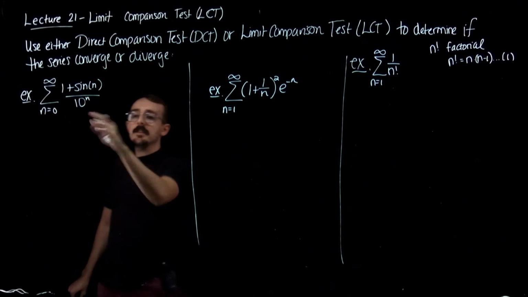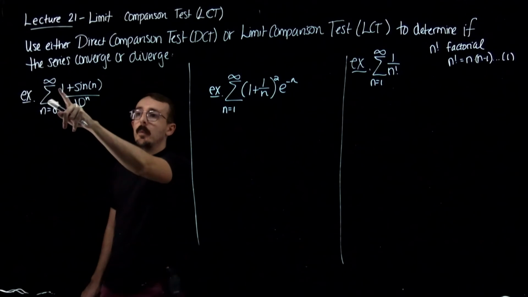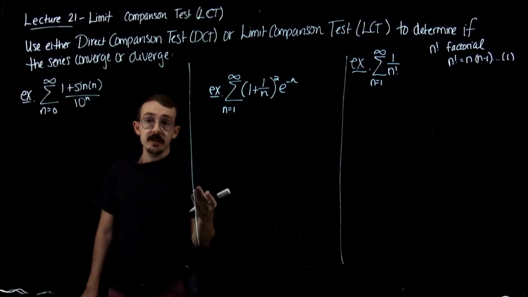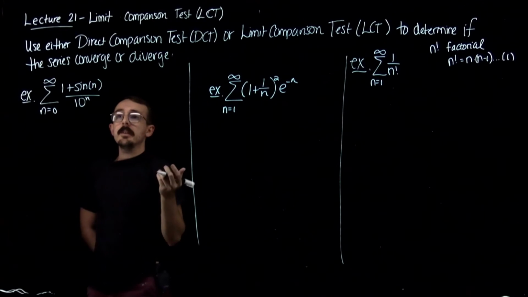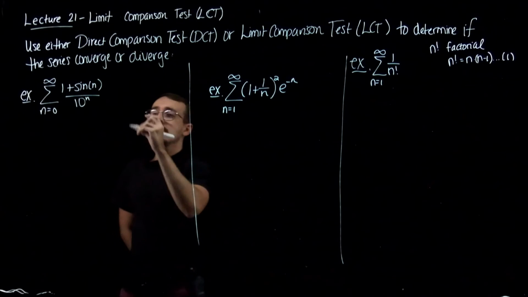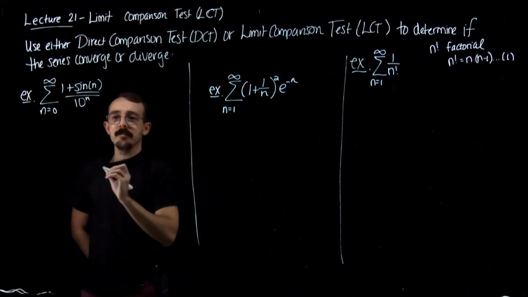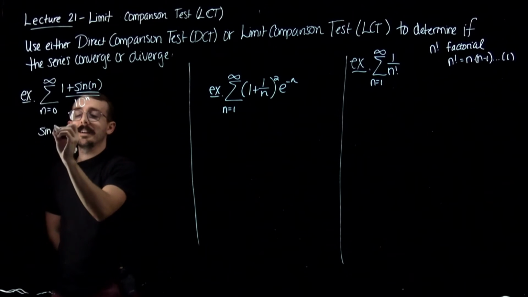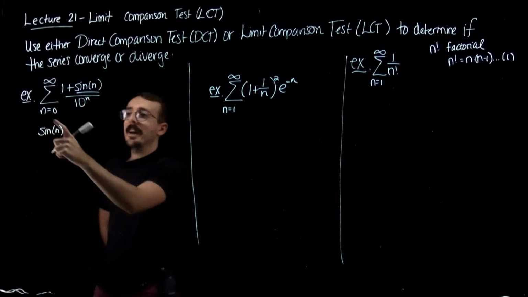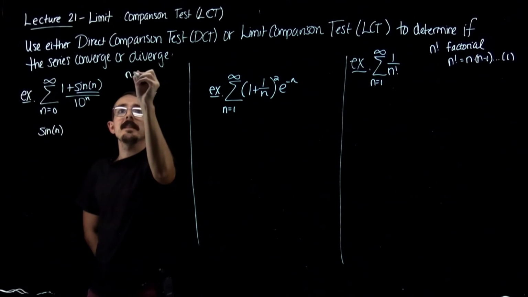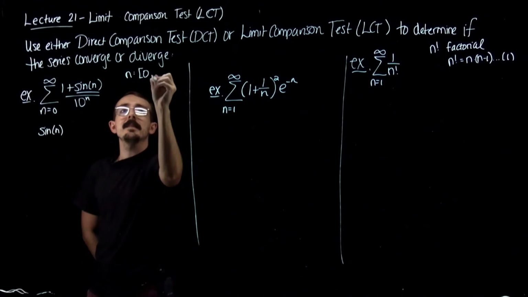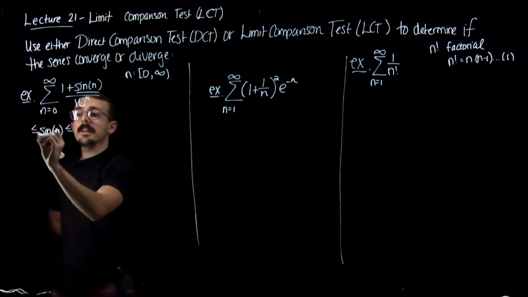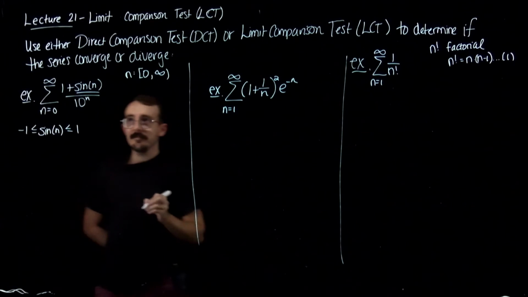So with this first one, I see this 1 over 10 to the n thing here, and that looks very geometric to me. So what I'm going to do first is think about this sine of n. This might be very familiar from your squeeze theorem days. So sine of n, for n going from 0 to infinity, is always between -1 and 1.